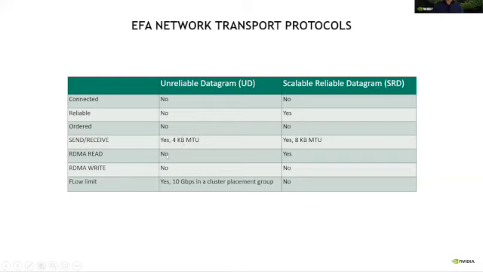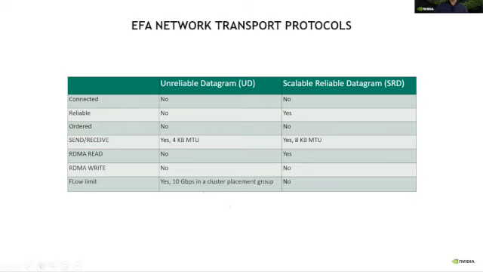It doesn't have any RDMA read, and doesn't have any RDMA write, similar to UD on InfiniBand, of course. And it is also subject to the same flow limits as TCP and UDP on the AWS network, which means that the bandwidth is capped for each single UD flow to 10 gigabit per second if the two nodes are in the same cluster placement group, and it will be lower than that if they are not.